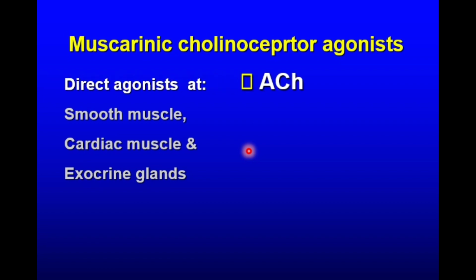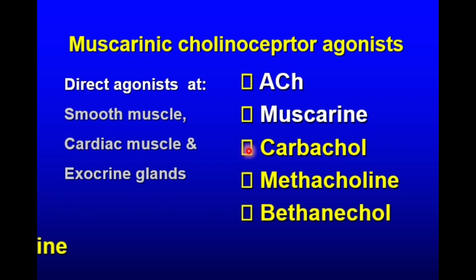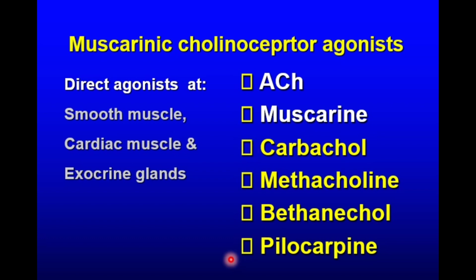Important muscarinic agonists include acetylcholine, muscarine, carbachol, methacholine, bethanechol, and pilocarpine. They vary in muscarinic or nicotinic selectivity and in susceptibility to cholinesterases.